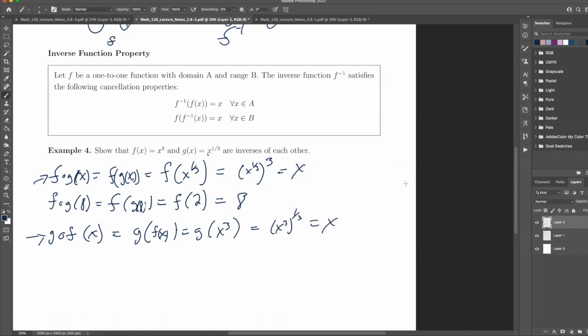One thing to note real quick, the inverse of f inverse is just equal to the original function f of x, okay? So the inverse of the inverse is the original function. And that's going to be true for everything you guys do. All right, so that's the end of this page.